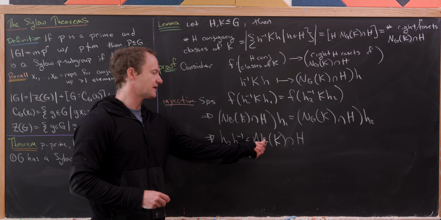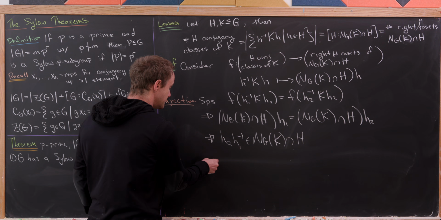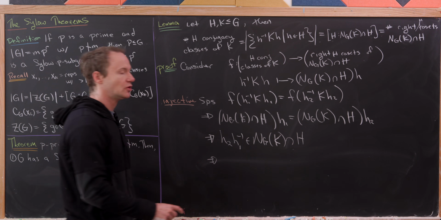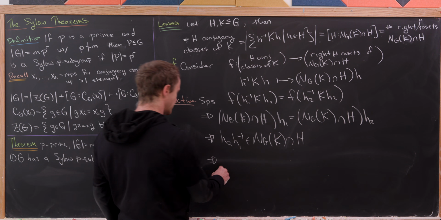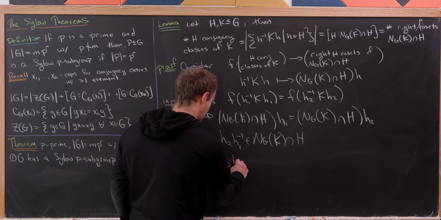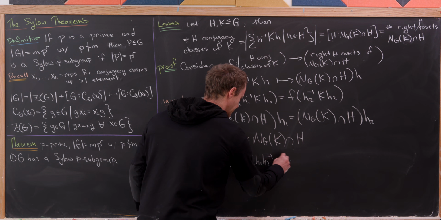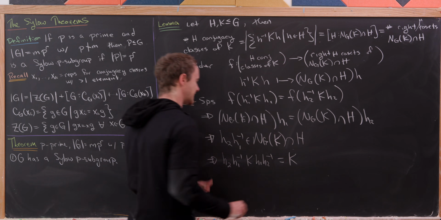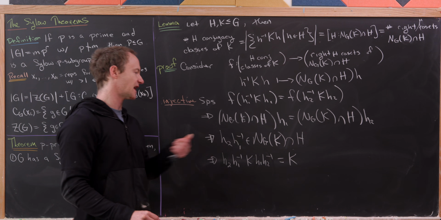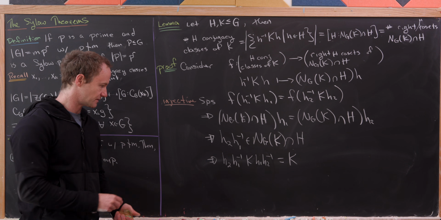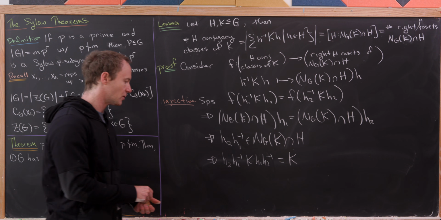But now these being in the normalizer of k means that if we conjugate k with this element, we end up back with k. So in other words, if we take h2, h1 inverse k, and then it would be h1, h2 inverse, we get back to k. So that's just conjugating k with this element, keeping in mind that being inside of the normalizer means that we get this equation. And now we're essentially home free.